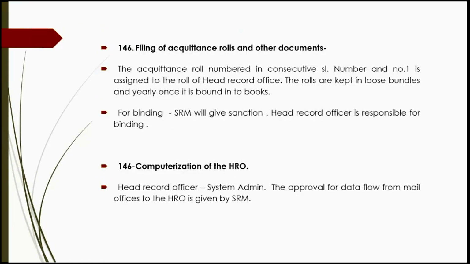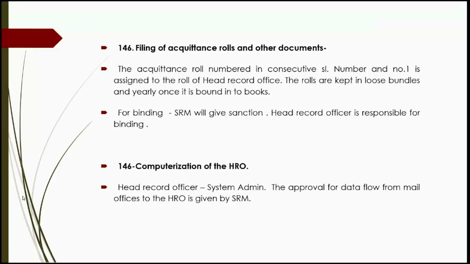Next is filing of acquittance rolls and other documents. How will you file? Whenever you are filing the acquittance rolls, you have to file them as per the serial number. Even though the salaries and contingent bills are generated, if physical cash is not involved, rolls and memorandums are still present, which means they contain particulars of disposal. These acquittance rolls will be filed as per the serials.